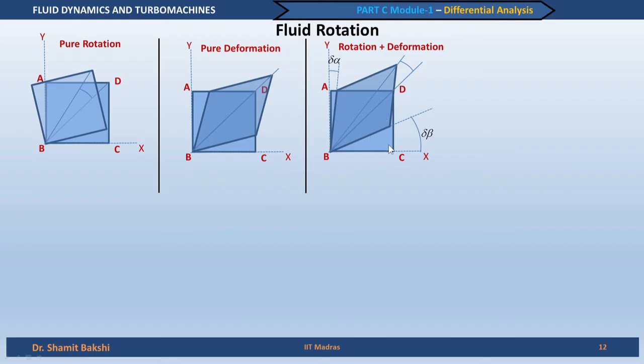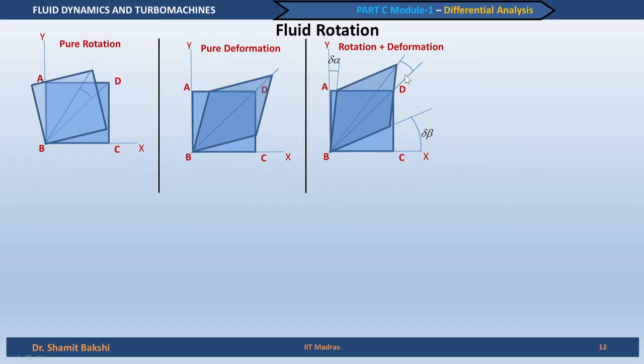If both were the same, then the net rotation would have been 0, but they are not the same, and we are representing a general case where both rotation and deformation are present. In that case, if we can find out the value of this angle, then we can find out the magnitude of fluid rotation.